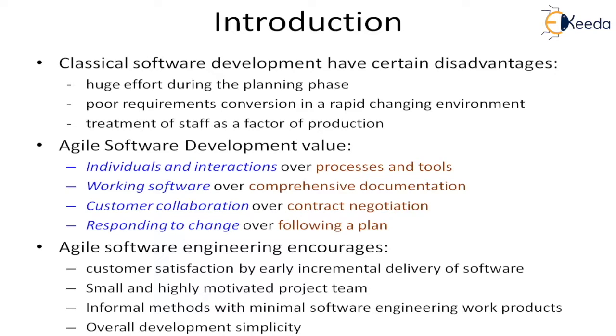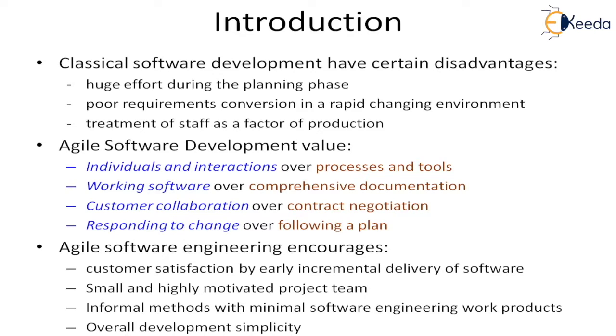Then we need to have a highly motivated project team that need not be very big. We are not looking for large project teams like in most of the other software methods. Here we are talking of small teams that work closely together, and they should be highly motivated. The method should be informal.